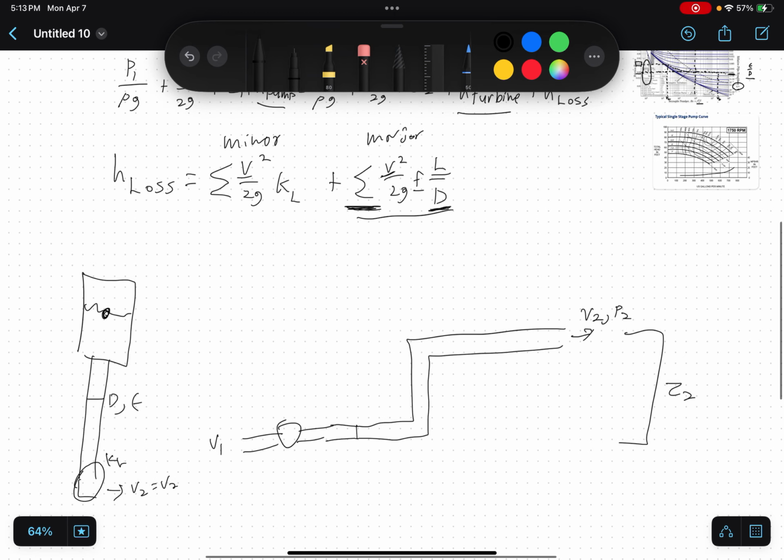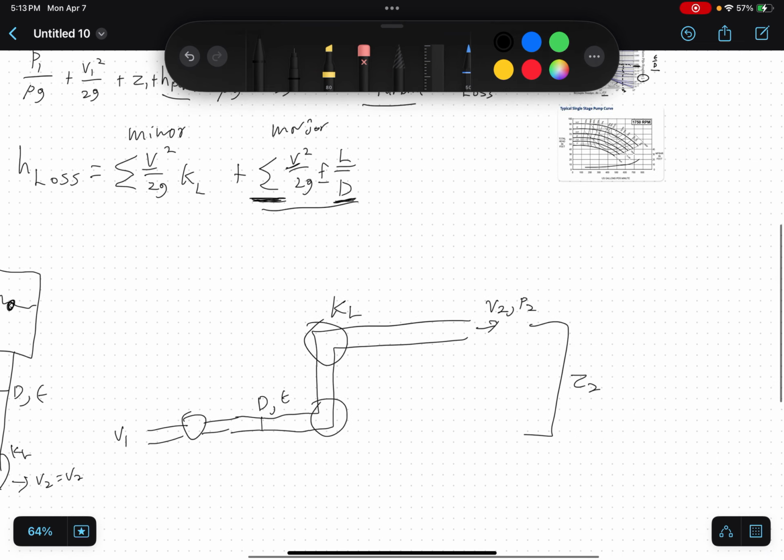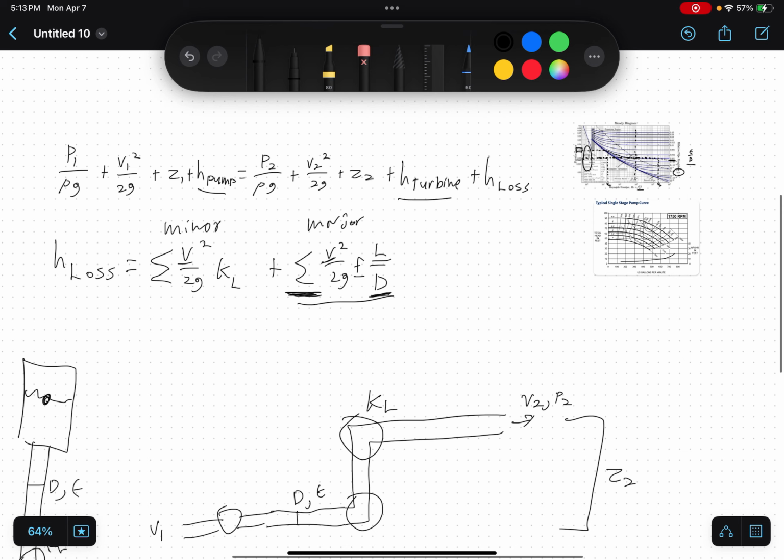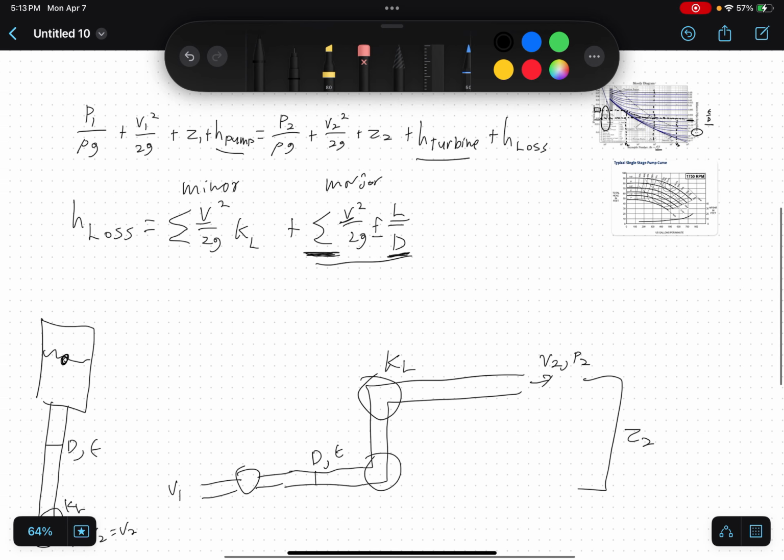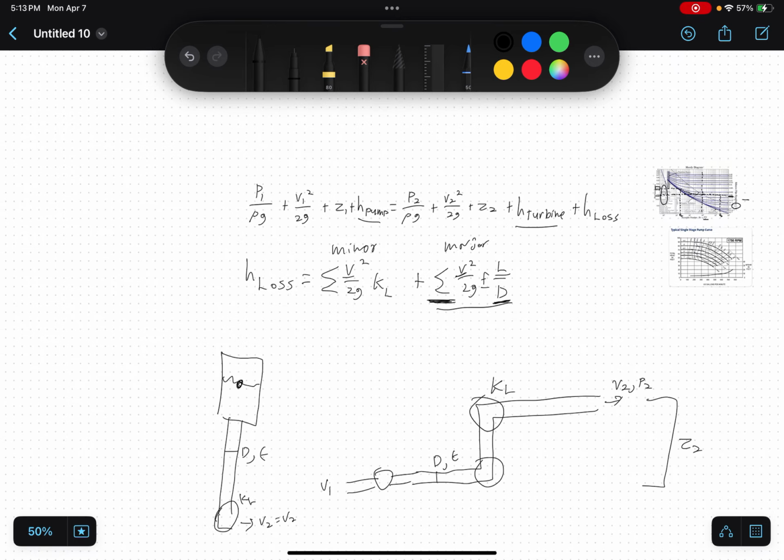You'd be given the diameter, you'd be given the loss coefficients, and then they'd say, what size pump do you need to do this? And that's like a real world question. How do you spec that? So using the Bernoulli, you'd solve for the H pump and you get a number.